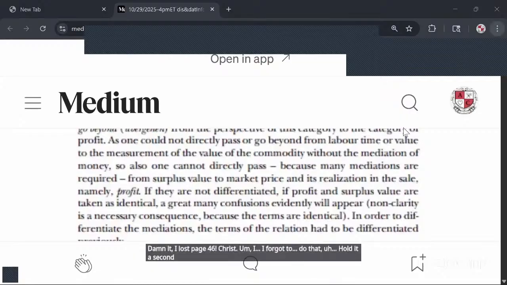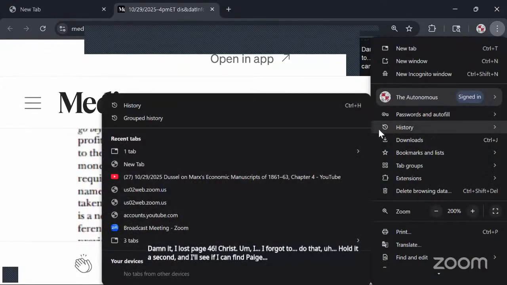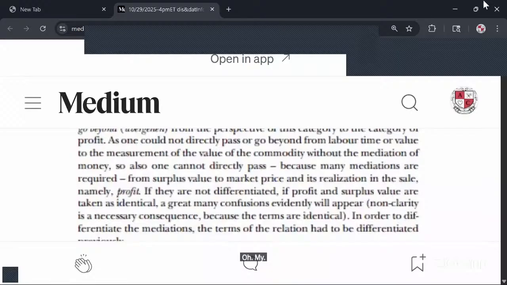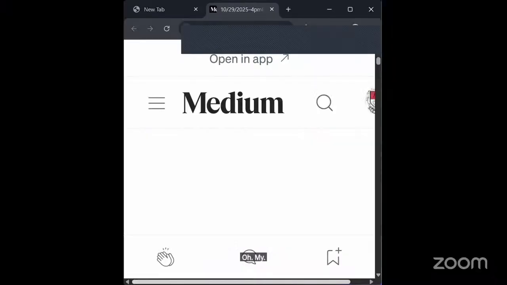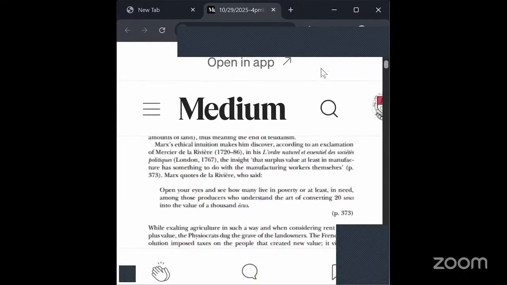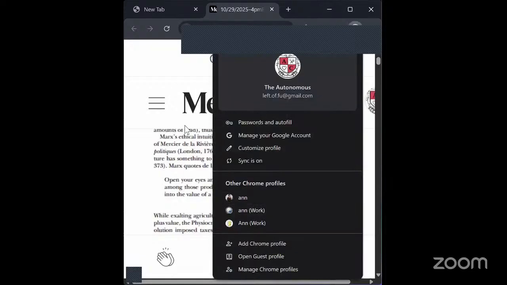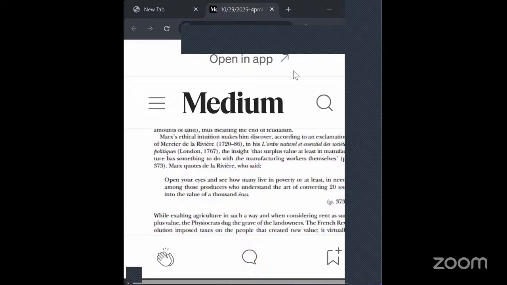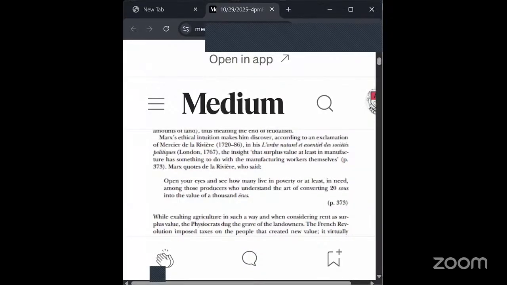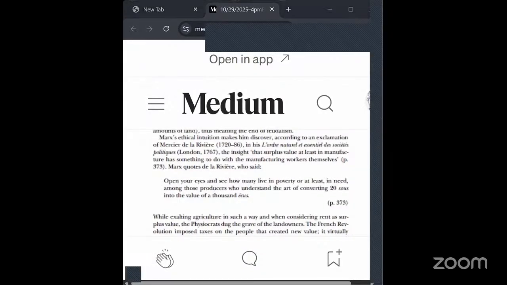Hold it a second and I'll see if I can find page 46. I apologize. I knew I'd skipped something.